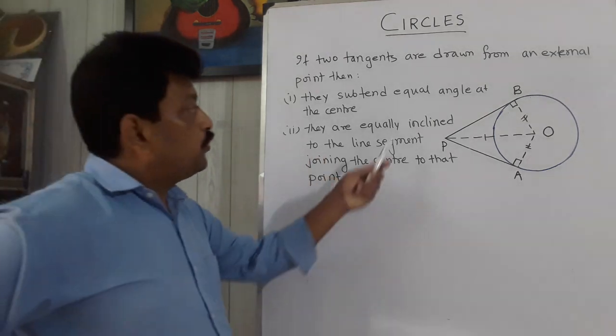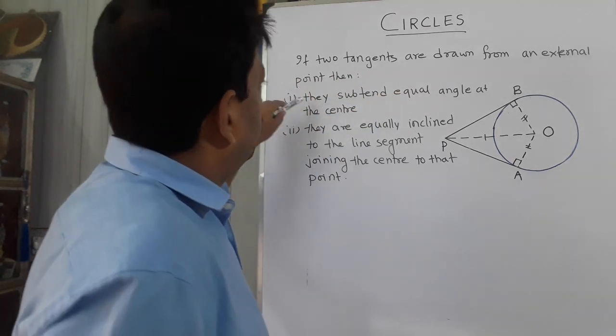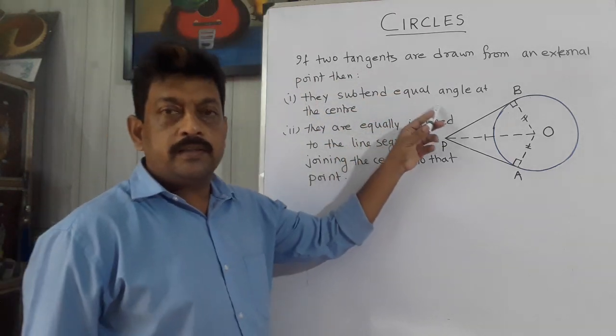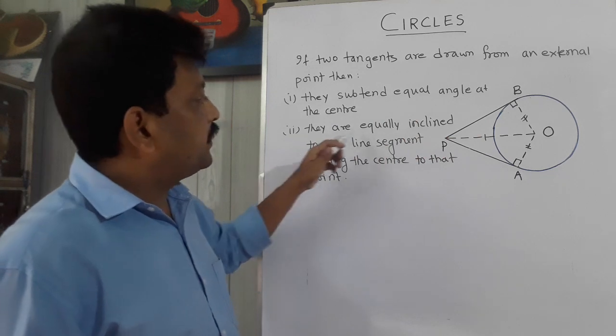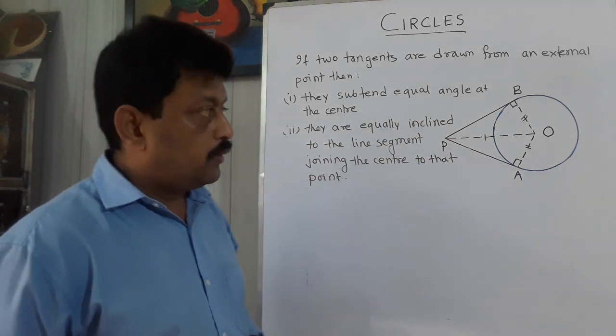The first proof is that if two tangents are drawn from an external point, then they subtend equal angle at the center and they are equally inclined to the line segment joining the center to that point.